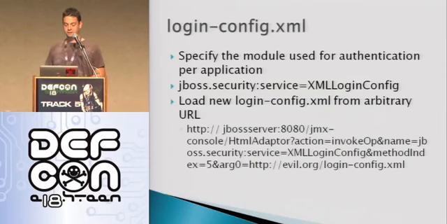This is one that I just thought was interesting. Login config is the config file that says how your different applications, including your web console and your JMX console, get authenticated to. What's cool about this is that you can actually load a new login-config.xml from an arbitrary URL, including one that you control. So, just remove authentication if you want to, or change it, add new accounts, whatever you want to do.